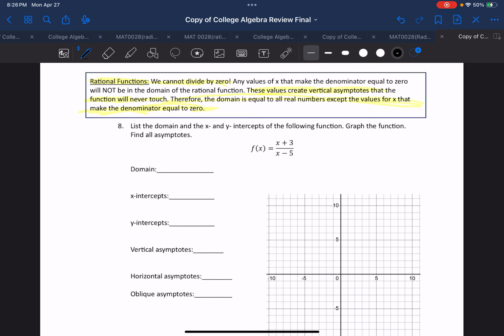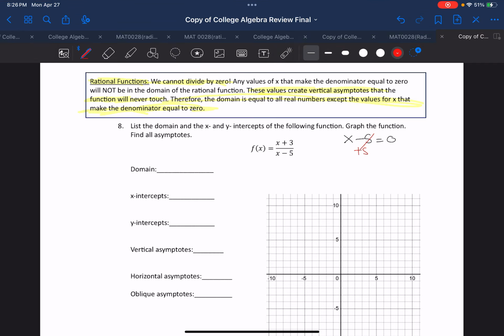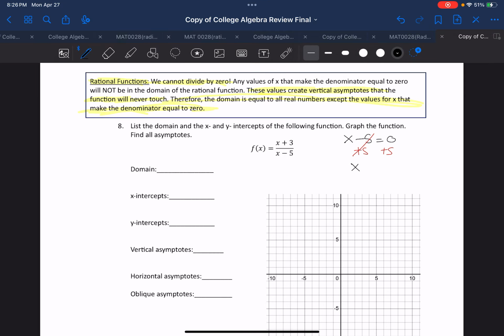Okay, so to find the domain of a rational function, I take that denominator, x minus 5, and I set it equal to 0 to figure out what value makes that denominator 0. Because if I want to know when is that equal to 0, then I would set this equal to 0 and solve. So I would add 5 to both sides. So x cannot equal 5, like I said.